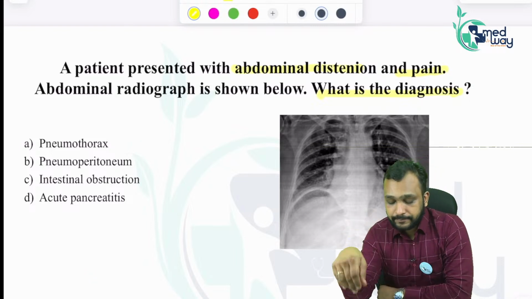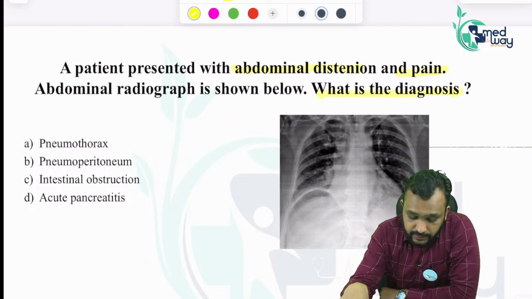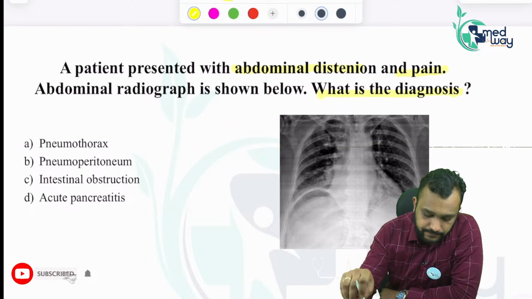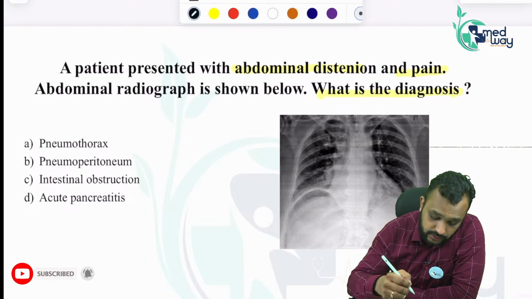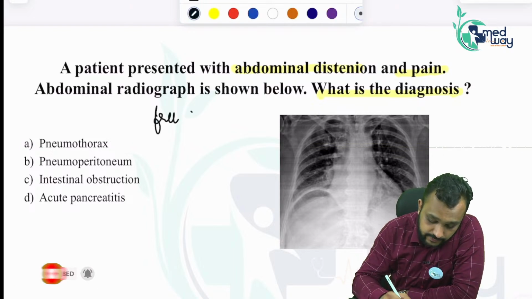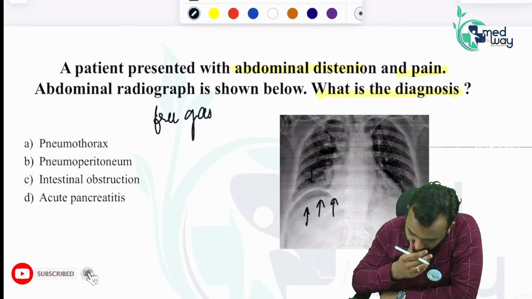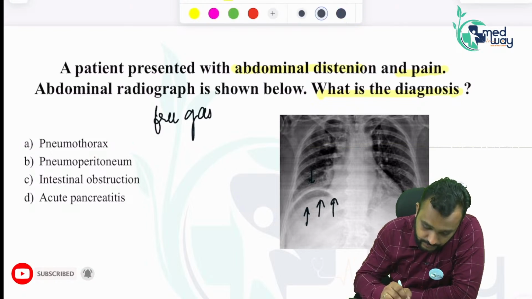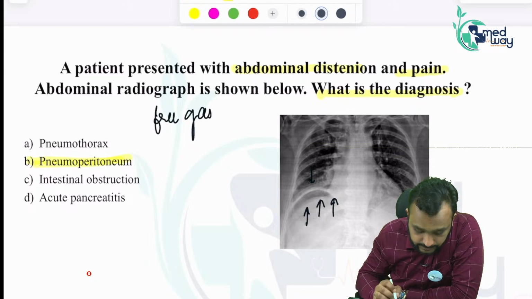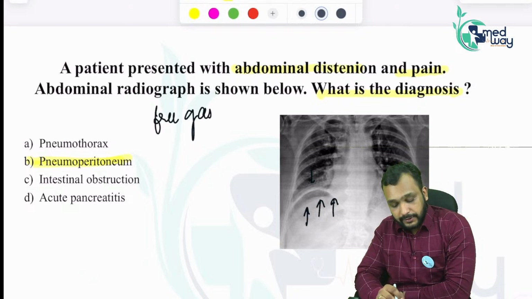Very good, Dr. Shubham. In this image we can see that there is free gas under the right dome of the diaphragm. That is seen in patients with pneumoperitoneum.